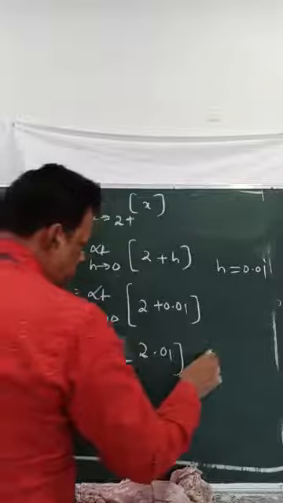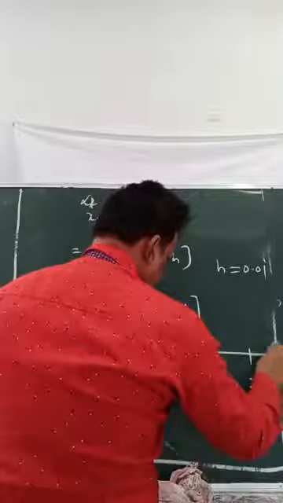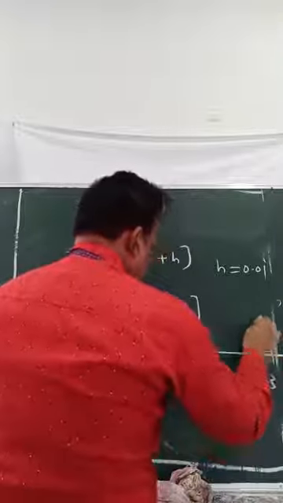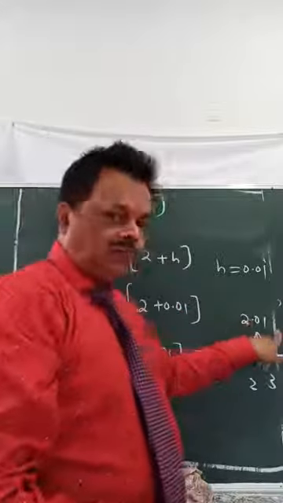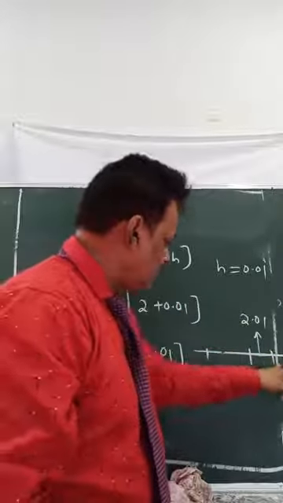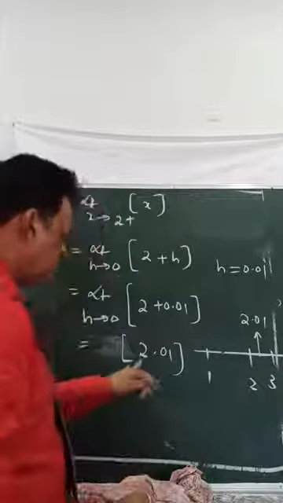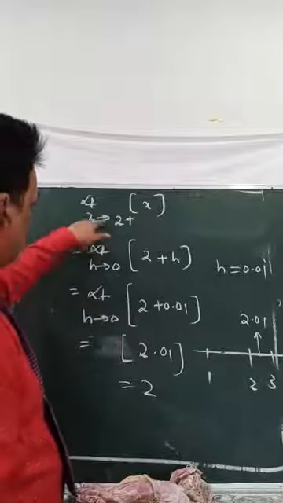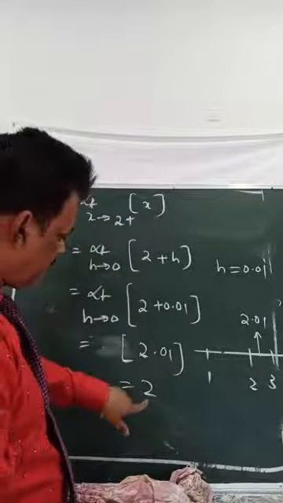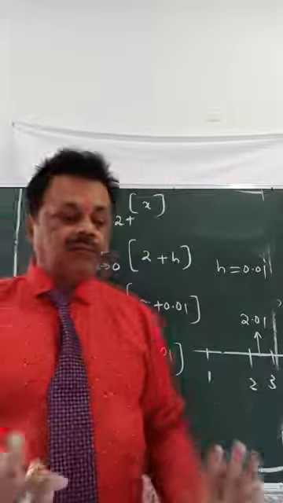What is 2.01? Now 1, 2, 3. 2.01 is a number between 2 and 3. So this value will be equal to how much? 2. So in the right hand limit you are getting the same value. In the left hand limit you are getting a value which is 1 smaller.